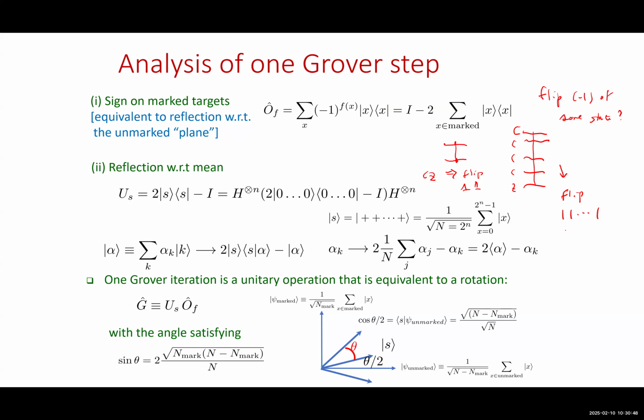So how do we use this to flip any bit string, A1, A2? We're flipping all 1s. So what we could do is apply X on those that are not 1, and then flip back again. That will be the one that you want to flip.